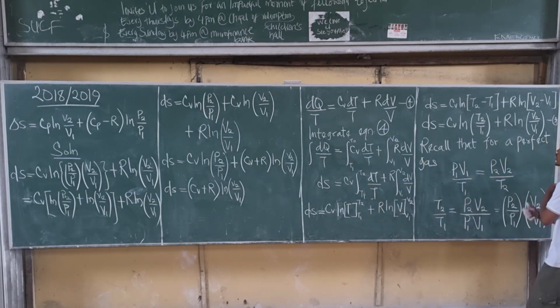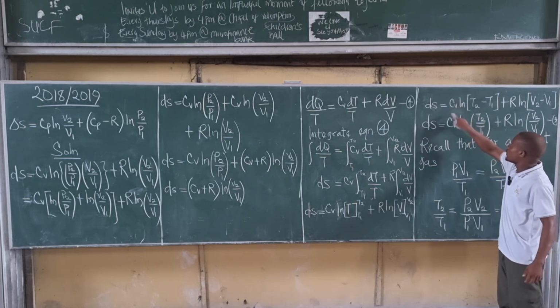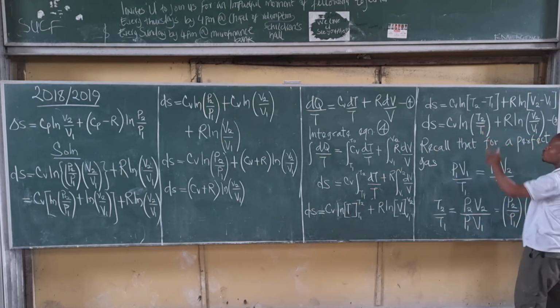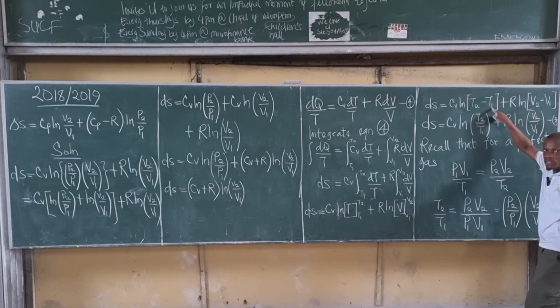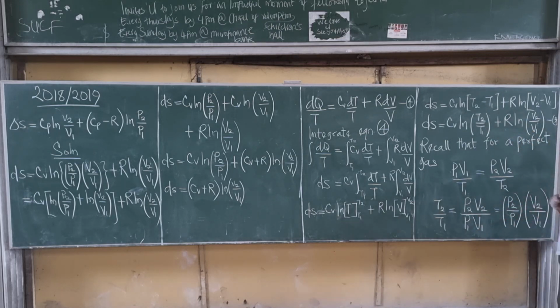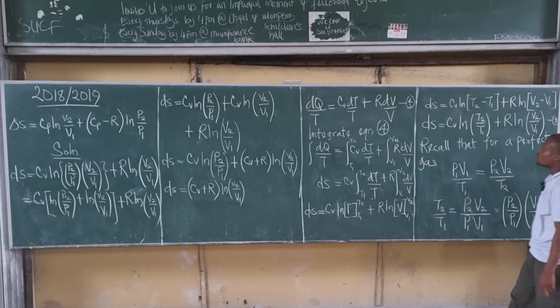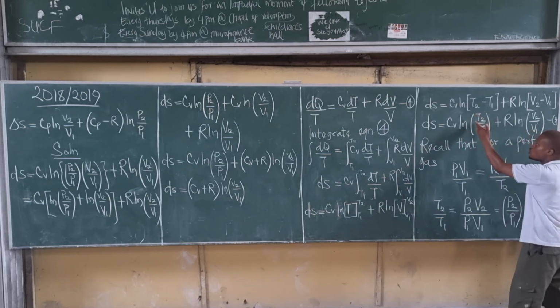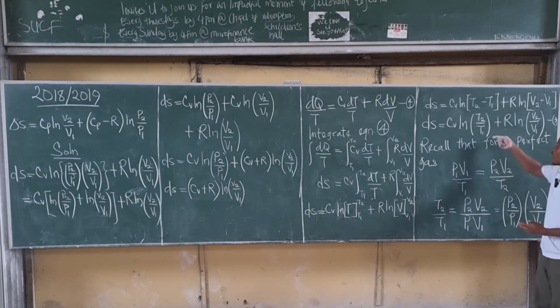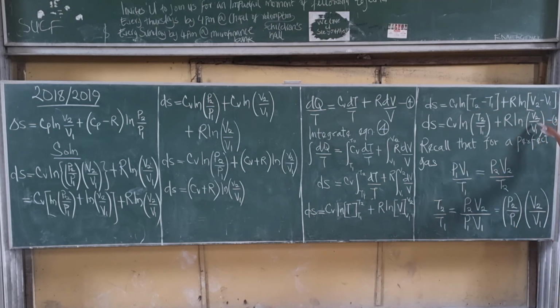So delta S equals Cv ln T2 upper limit minus the lower limit T1, plus R ln V2 minus V1, which is also the upper limit minus the lower limit. Therefore delta S equals Cv ln T2 over T1 after applying the law of indices, plus R ln V2 over V1, still on the application of the law of indices. Let's call this equation 5.